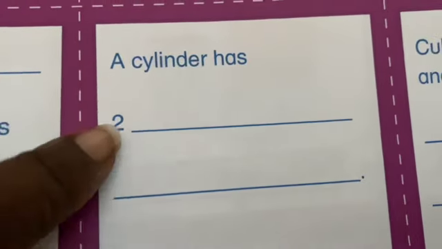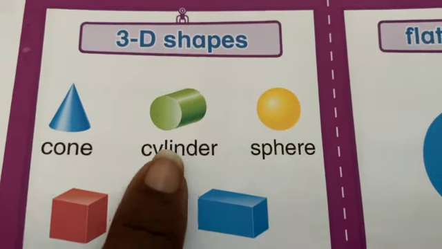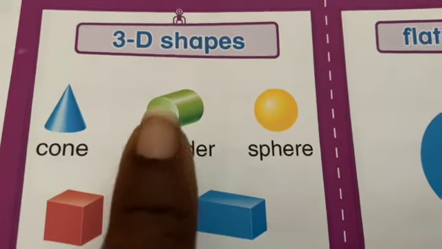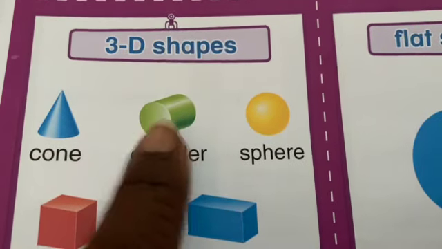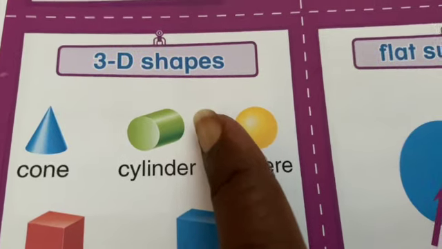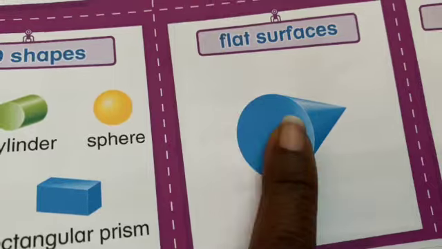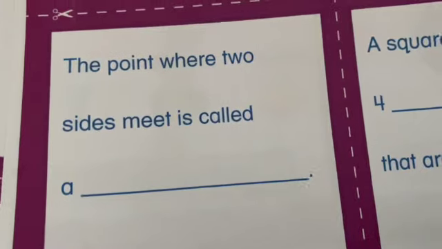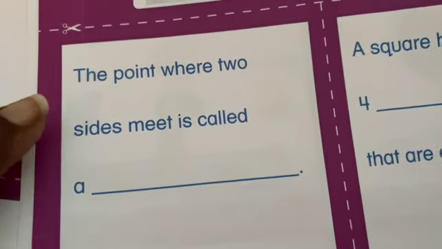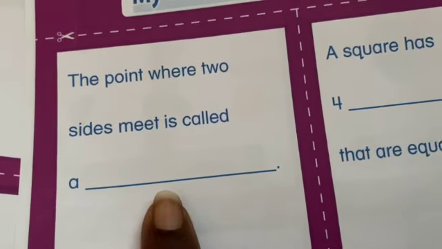A cylinder has two flat surfaces. This is a cylinder, so this surface right here is flat, and then on the other side of this cylinder, the surface is flat. Remember, the surface is this. The point where two sides meet is called a vertex.